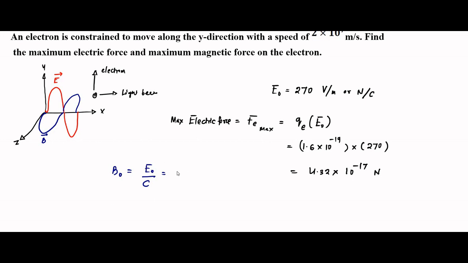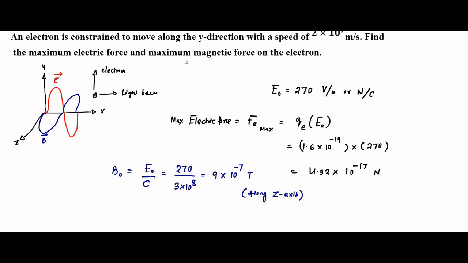So 270 by 3 into 10 to the power 8. It is coming around 9 into 10 to the power minus 7 Tesla. This will be along the Z axis.